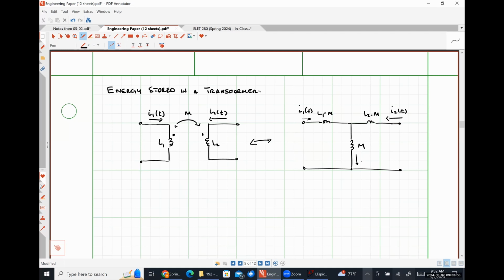Yeah, just Kirchhoff's current law, absolutely right. So if I1 is flowing in and I2 is flowing in, then the current flowing out is I1 plus I2.